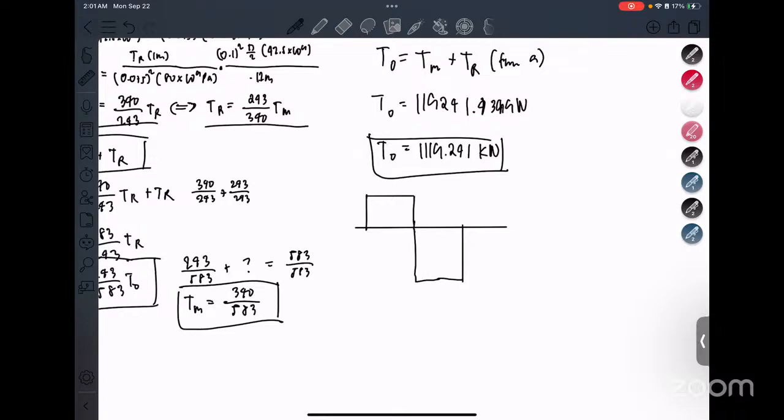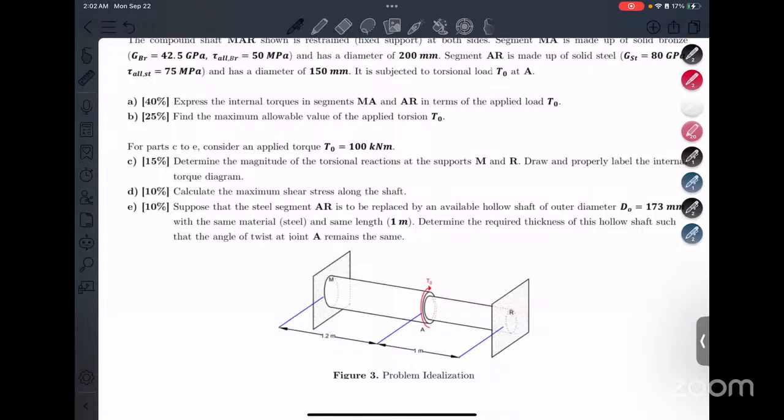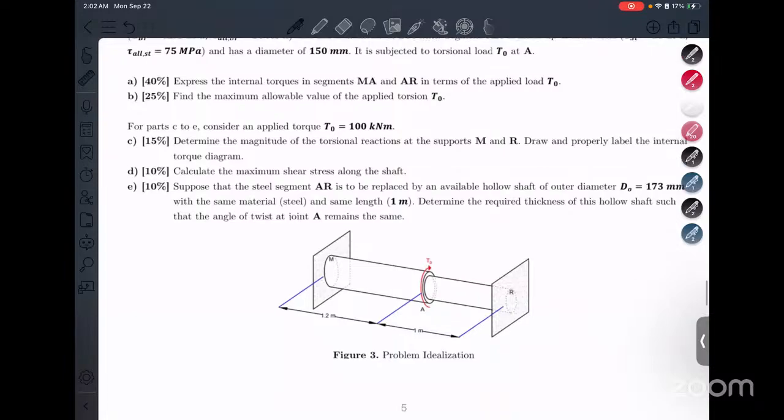And then it goes back up to 0. So this is what it basically looks like, and then you just fill in the values as we go. That's basically the torsional reactions.